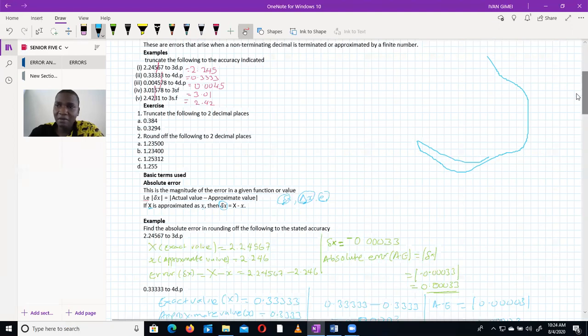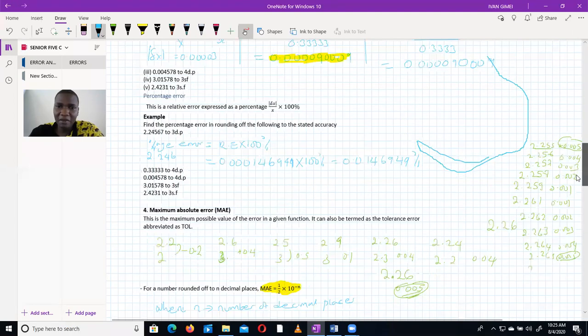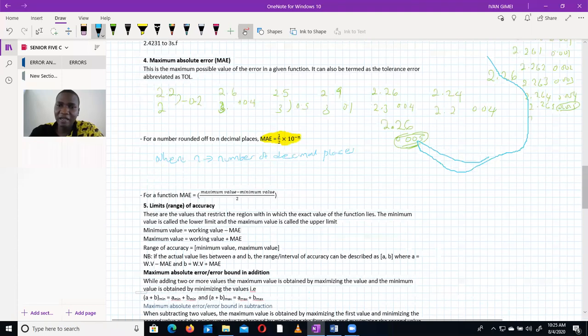So our maximum possible error, maximum absolute error, should end in a 5. And how do you get it? If they give me a value, say A equals 2.36, it has been rounded off. They will tell you that it has been rounded off, so that they give you a hint on how to find the error. How do you find the error in writing A to this number of decimal places?